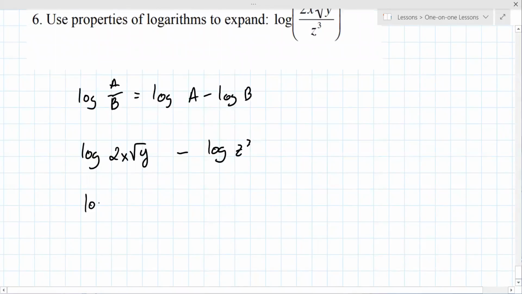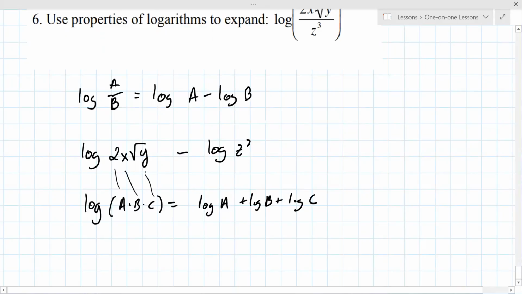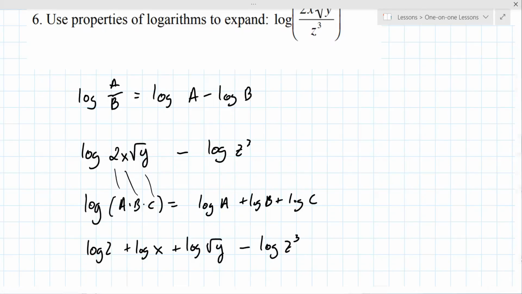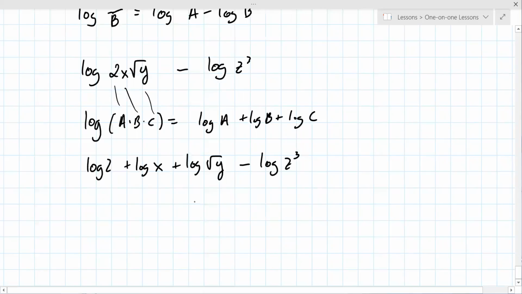The next property we're going to use is the log of a times b times c equals log a plus log b plus log c. So like 2 is your a, x is your b, and square root of y is your c. So it becomes log 2 plus log x plus log square root of y minus log z cubed. We're not quite done. I'm going to rewrite this y as y to the 1/2 power.